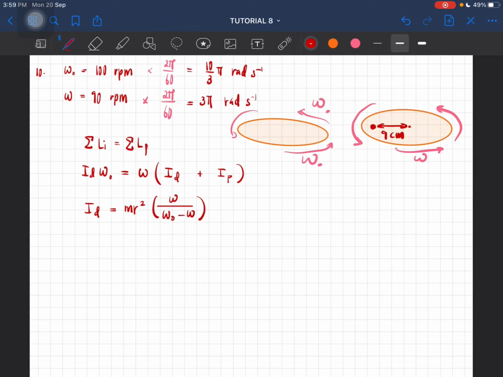Okay, so after rearranging, you will get the answer to be equal to 7.29 times 10 to the power of -4 kilogram meter square.